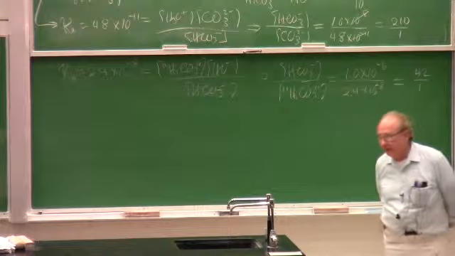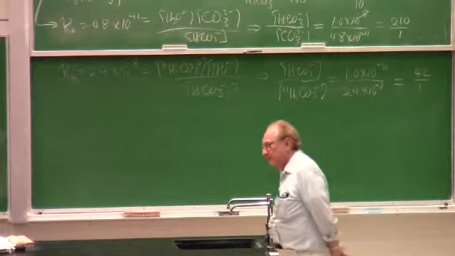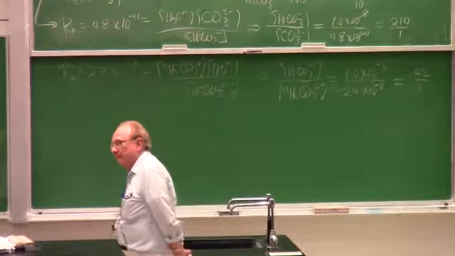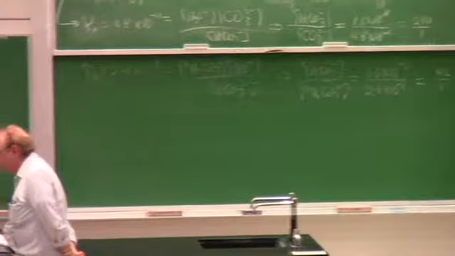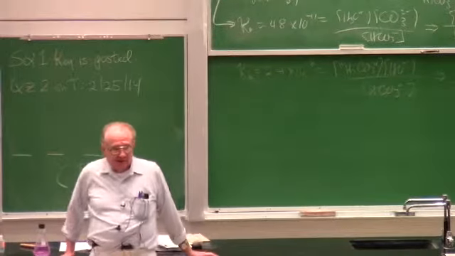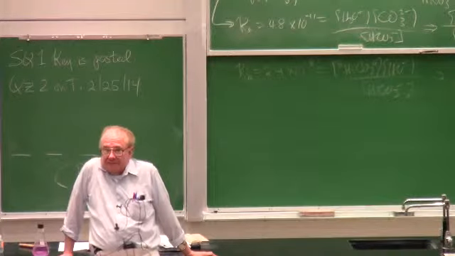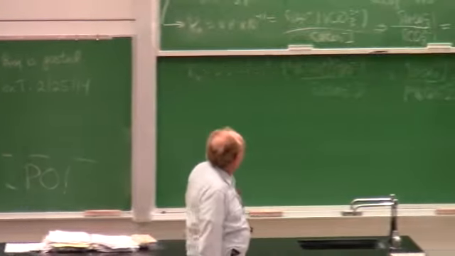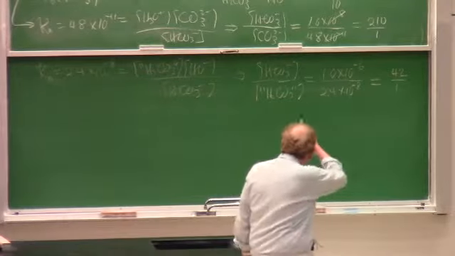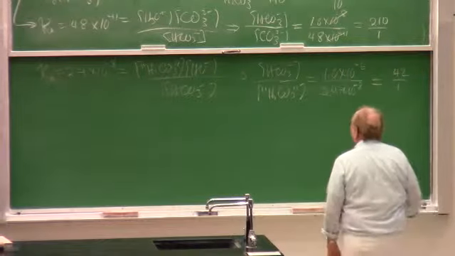Now do you accept my statement that the only carbonate form that means anything in this system is HCO3 minus? Fair enough? So let's go back to the relationship we have at the top of the board.